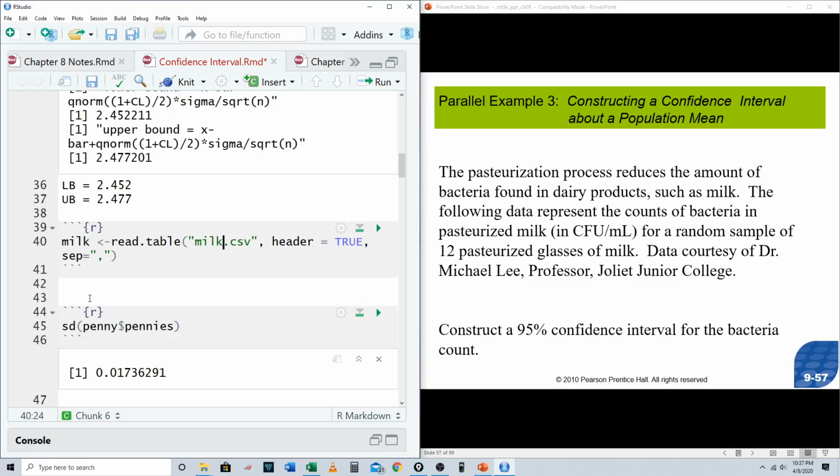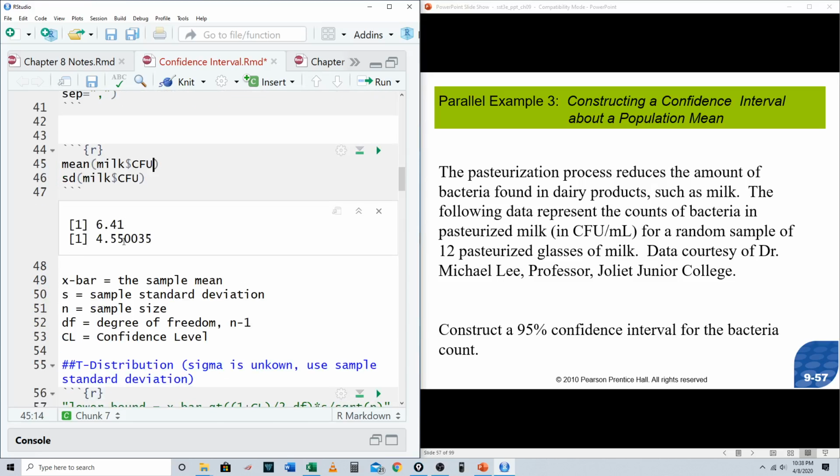Run that. And this is milk dollar sign FU. Also need mean, so mean of milk dollar sign. Alright.